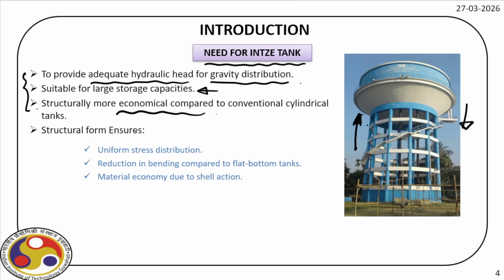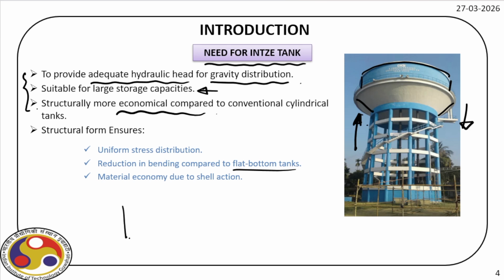Now, the geometry that it adopts provides uniform stress distribution, because you can see there is a dome at the top, and then there is a circular part, then this inclined part, which are all symmetric about their center line, and we have uniform stress distribution. And it reduces the bending compared to a flat bottom tank.